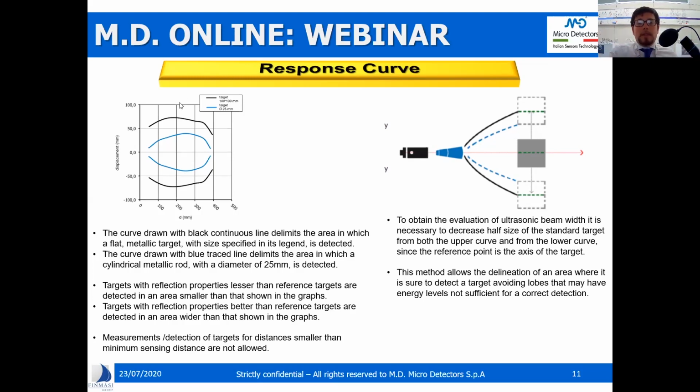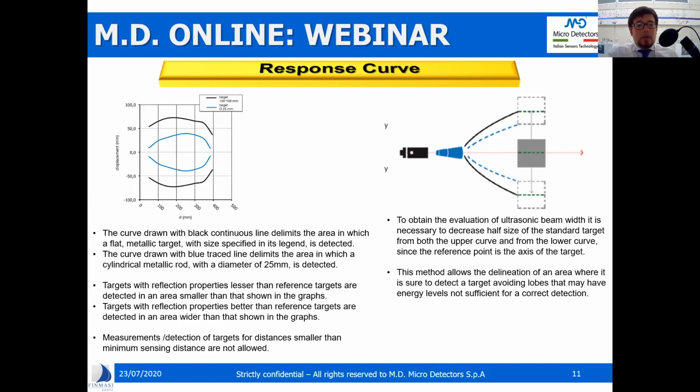And here you can observe it in this graph that you can read in our catalog, in our data sheets. And you always read more than one profile. These profiles refer to different targets that we use. The first one, the black one, the wider, refers to a standard target, a rectangular target of 100 times 100 millimeters, a metal flat target.